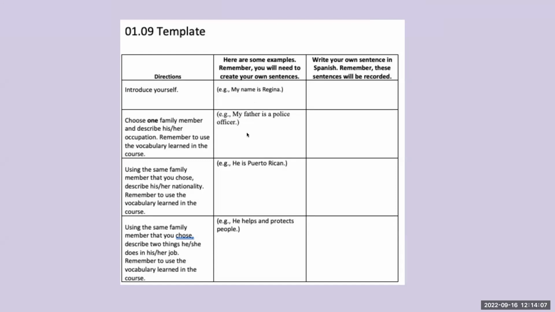You guys know all sorts of vocab words for family members. Okay. So you want to say what a family member does. Who would like to volunteer, raising a hand? You can unmute or you can say it in the chat box about one family member. This is the same family member you're going to use down here for sentences 2, 3, and 4.